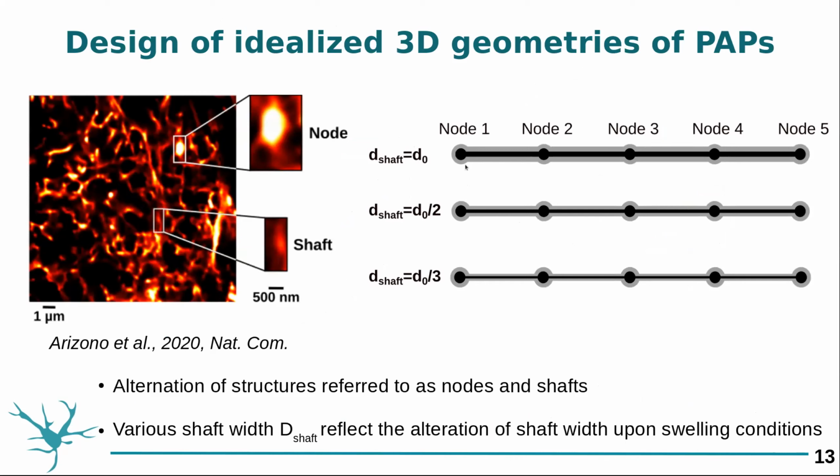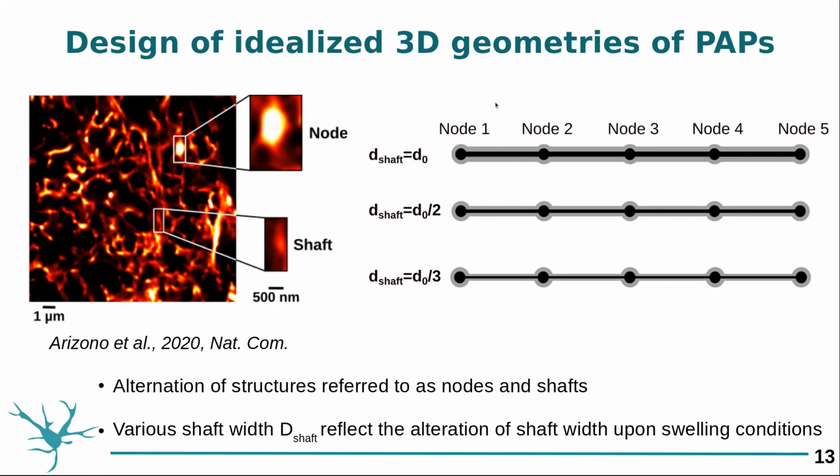So basically nodes are spheres and shafts are cylinders connected to each other. And to reproduce experimental observations, both in healthy and diseased conditions, we have varied the shaft width, but not the node width in those geometries.